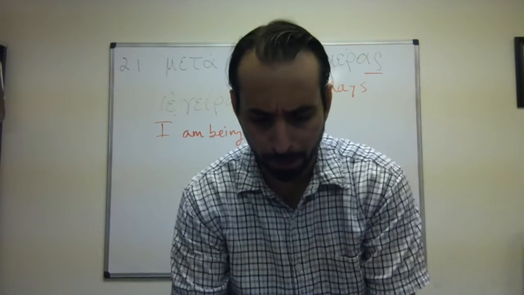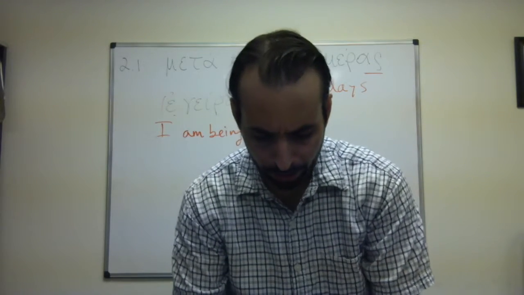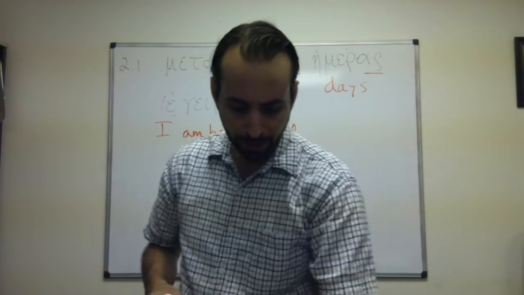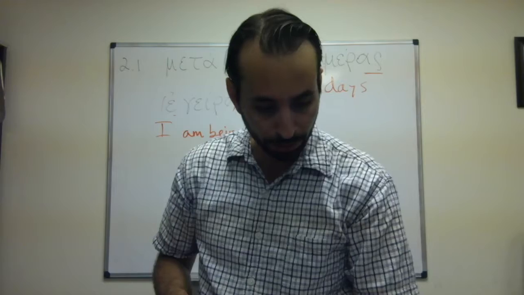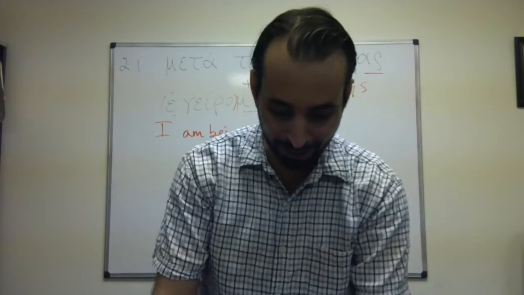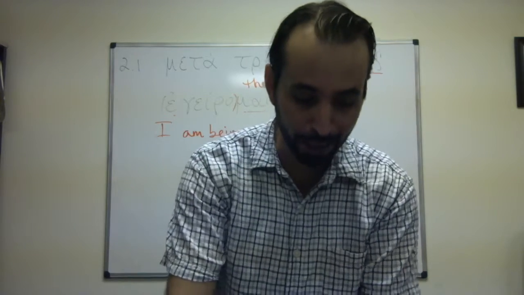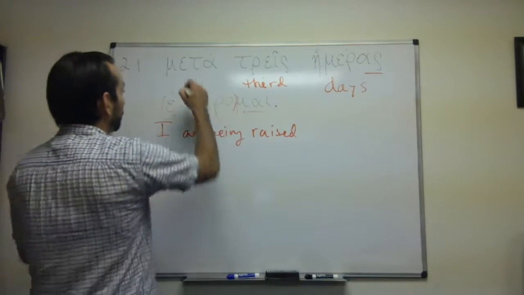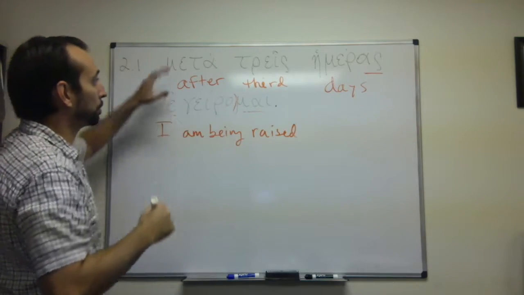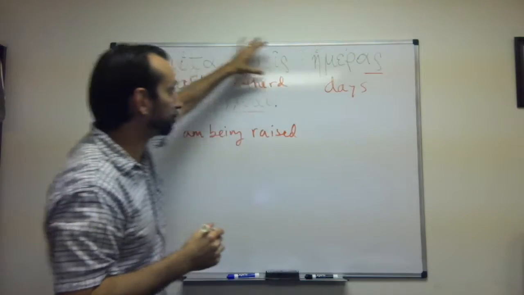And if I don't remember, I look back at my chart, 10.1. I find meta, which is at the bottom of page 131. I go up. It can go with a genitive. It can go with an accusative. If it's an accusative, there's only one option, and it's adverbial of measure, and I translate it after. And it's adverbial, which means this entire thing is a prepositional phrase.